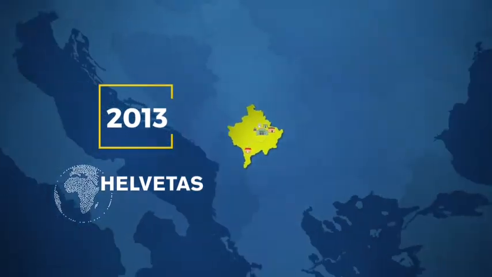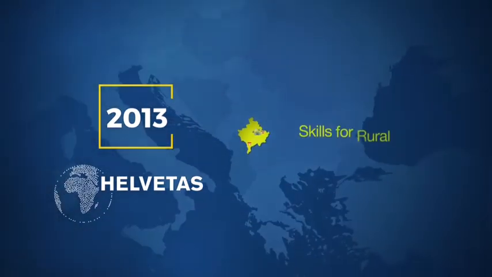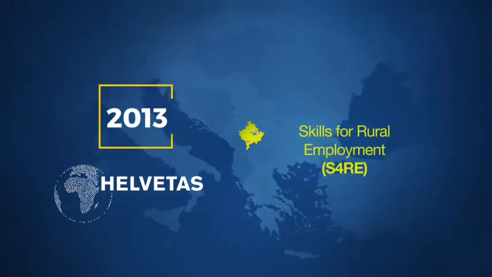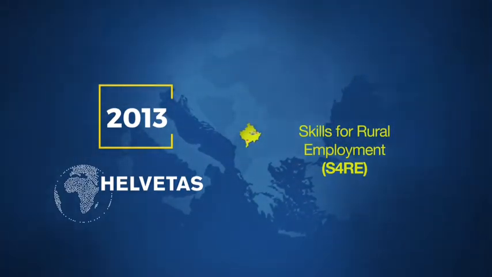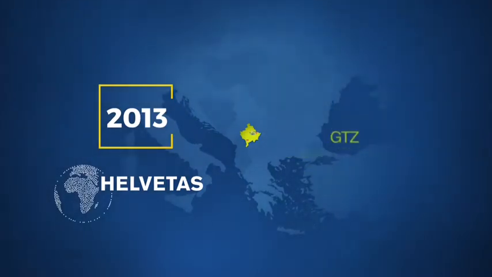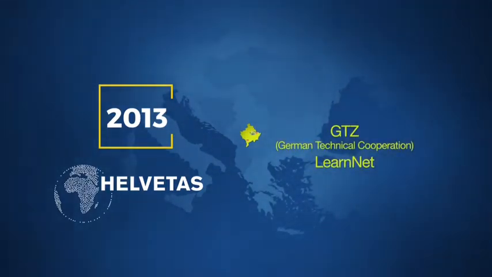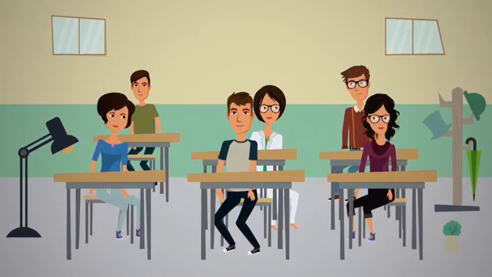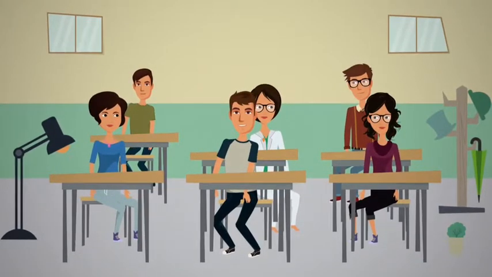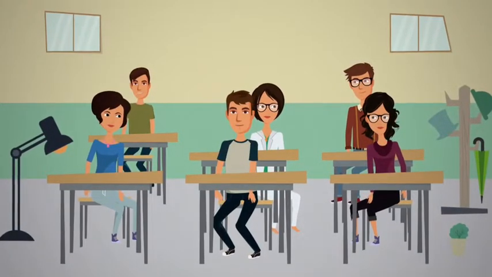In 2013, Helvetis started with the implementation of the Skills for Rural Employment, or S4RE project, introducing for the first time in Kosovo the learning group deriving from LearnNet, an approach that was used in Africa to equip youth with skills and mobilize the use of natural and human resources. The learning group approach started as an immediate response to address the challenges of rural youth and the need for practical skills training in rural Kosovo.